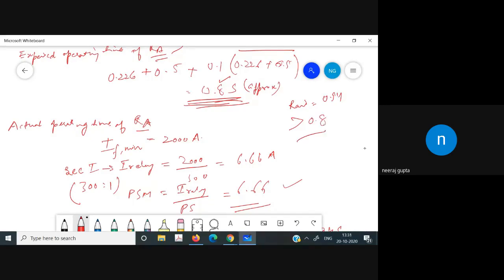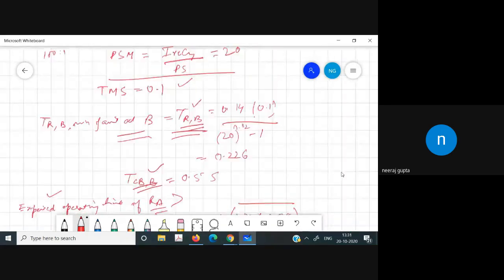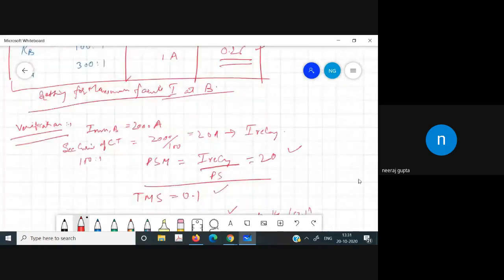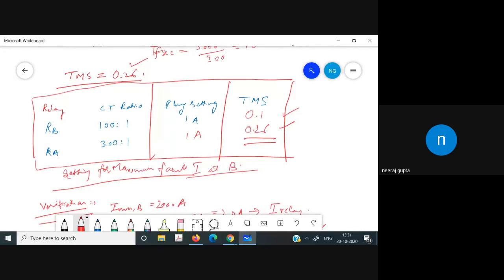So it means that our selectivity between A and B is perfectly maintained. That is, we have maintained the perfect selectivity between the two, and as a result, the results that are listed in this table are perfectly all right.